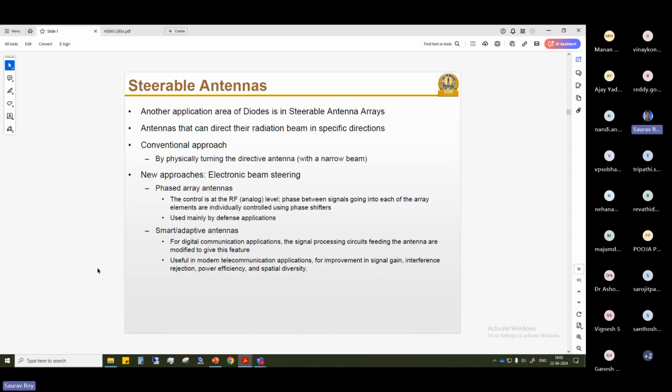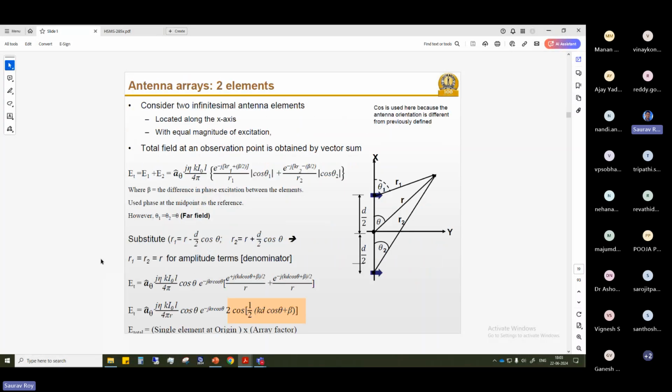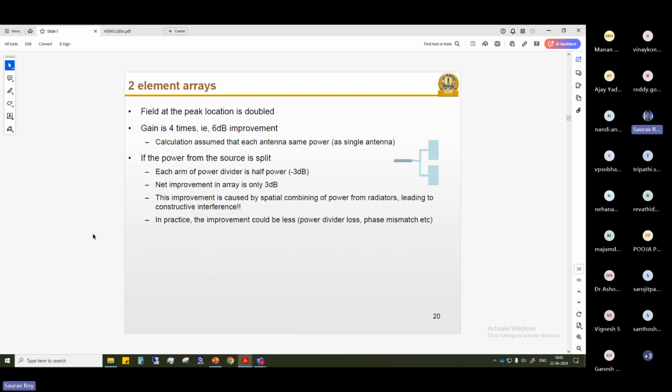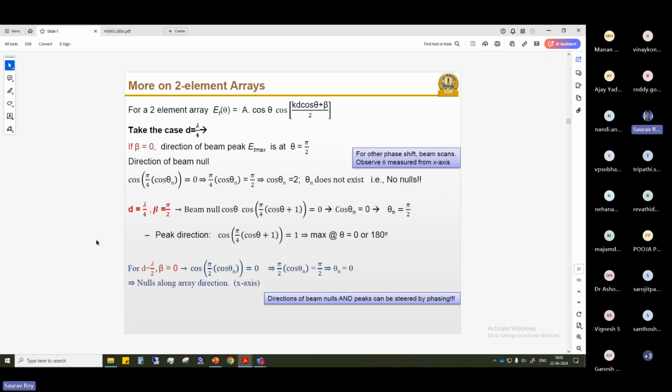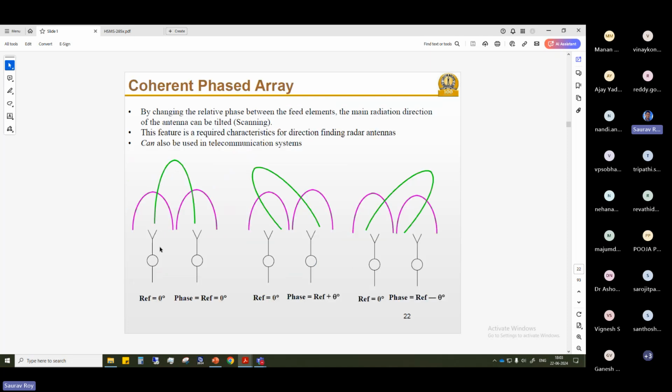We saw that there are various applications in steerable antennas, mainly based on beam forming or beam steering, where you can have an antenna array and give different phase excitation to these different antenna elements. It can generate a maximum or null in different directions. So that was one important use of phase shifters, right? They are used in phased arrays.